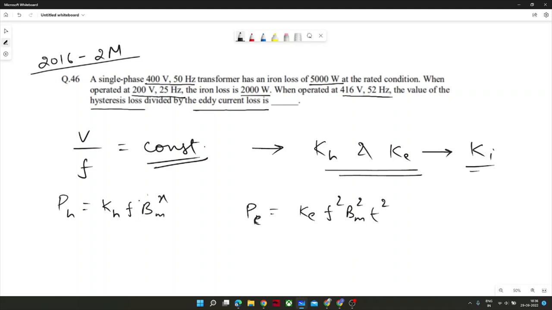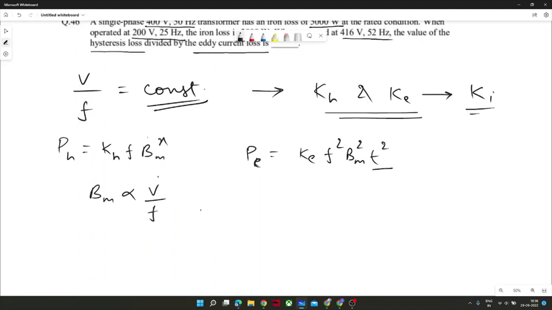We can also say it directly with a constant: Pe is equal to K into A plus B f square, and Bm is proportional to V by f. So if you put this V by f in the expression of Ph, Kh f (V by f) raised to power x, right?